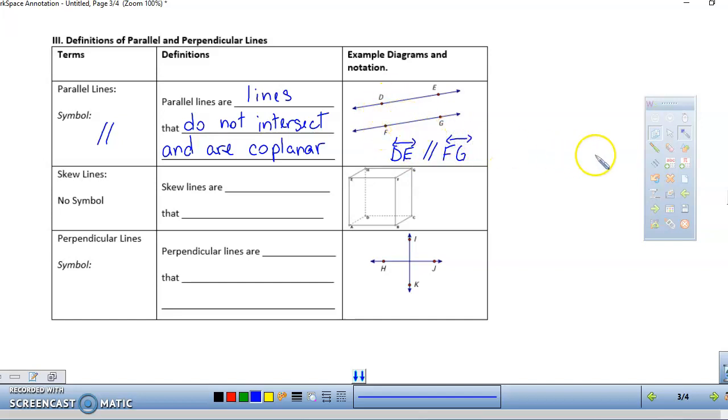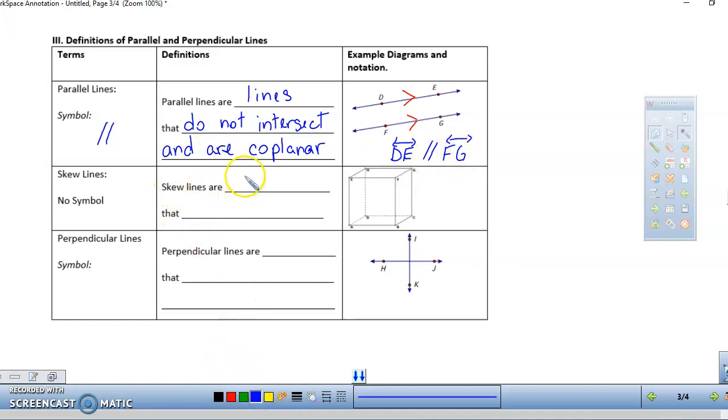Okay, the other thing that you need to look for, if you are not given that these are parallel somewhere, if you have arrows on the lines, in the middle of the lines like that, that indicates that those are parallel lines. You may never assume parallel lines unless you have this symbol or you are given some kind of information about it.